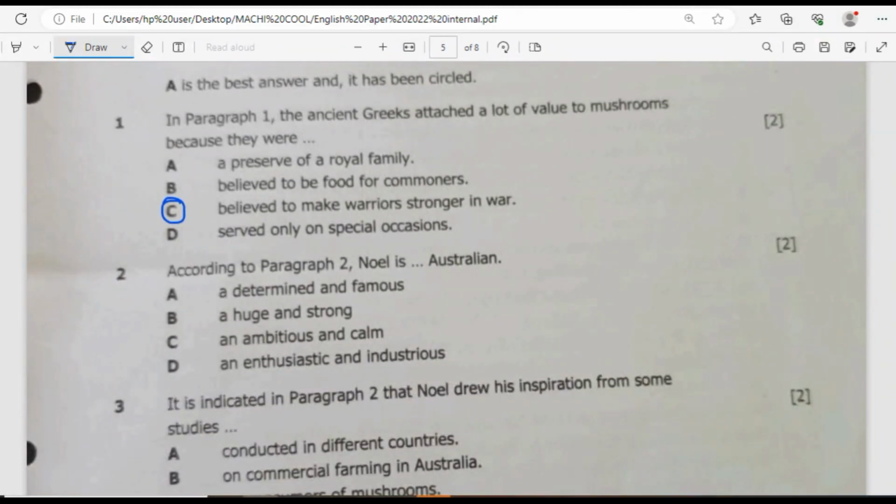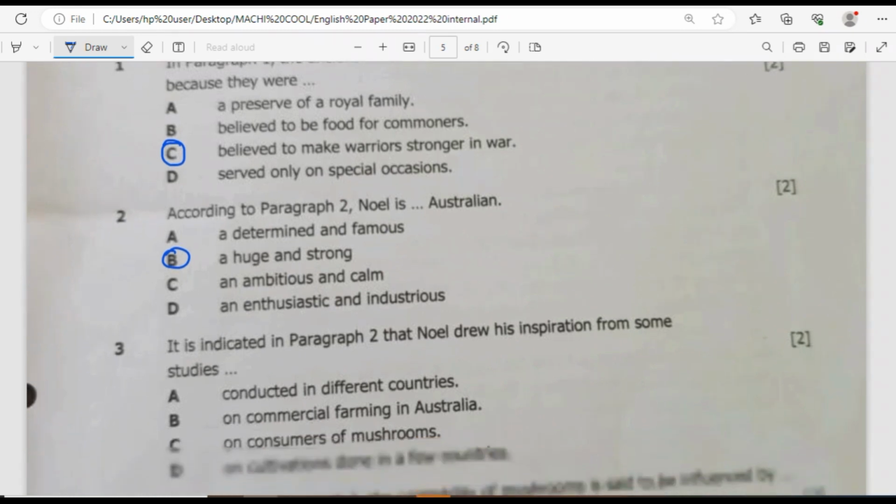So the answer here, it means a huge and strong. Okay, so we can move to another question.